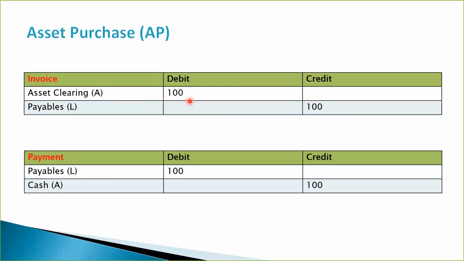We don't need to do a payment to run mass addition, but of course this slide shows the journal entries which will be created for the purchase in payables. So clearing and payables for the invoice, and for the payment, payables and cash.